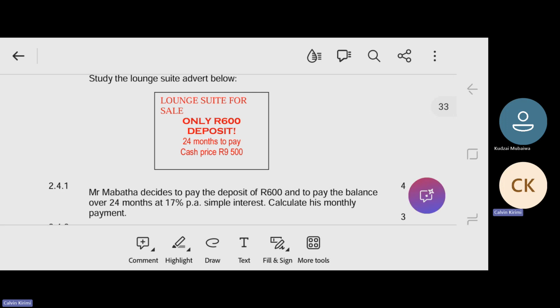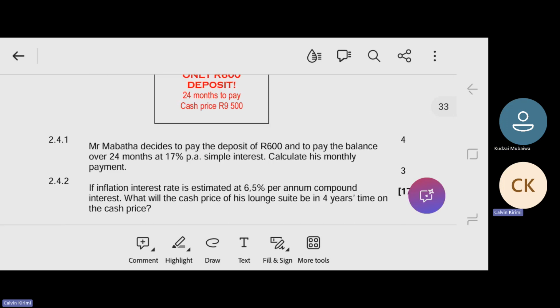But if you want to pay cash, you can pay 9,500 cash. Those are the conditions. So Mr. Mabata decides to pay the deposit of 600 rand and to pay the balance over 24 months at 17% per annum simple interest. Calculate his monthly payment.